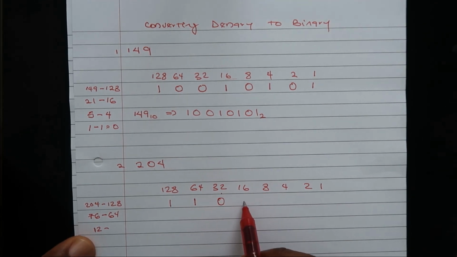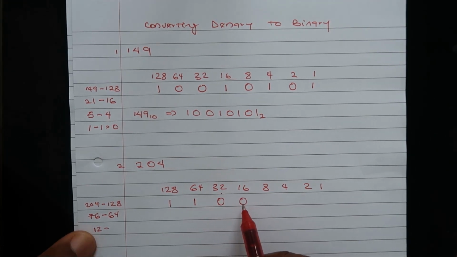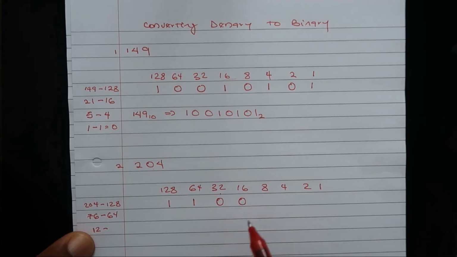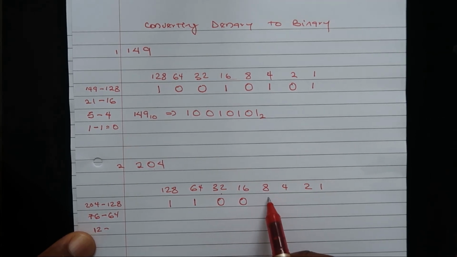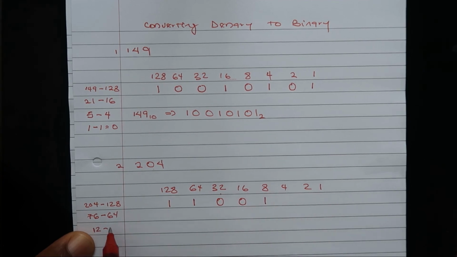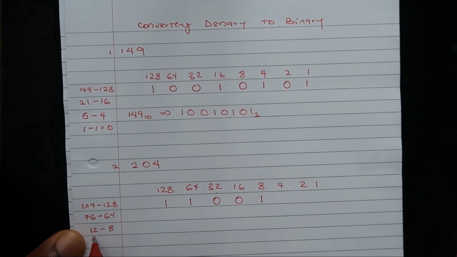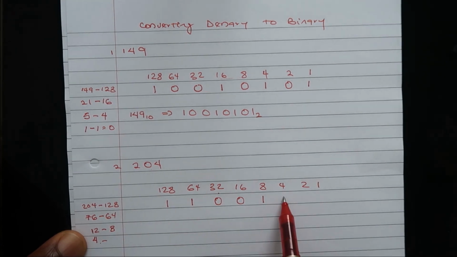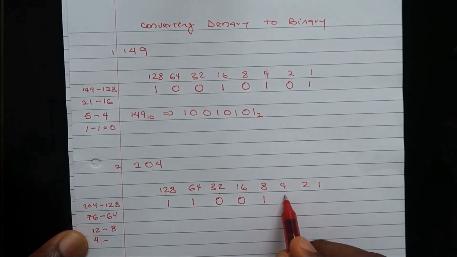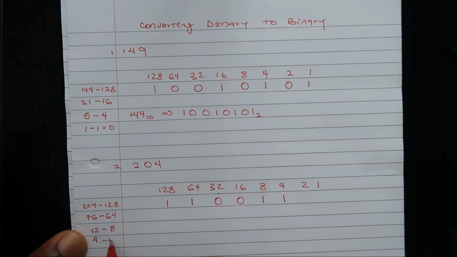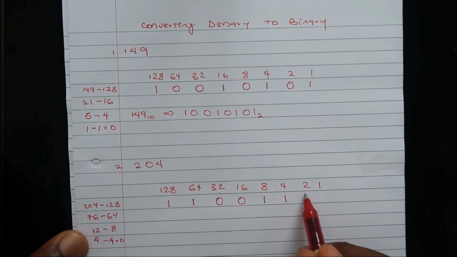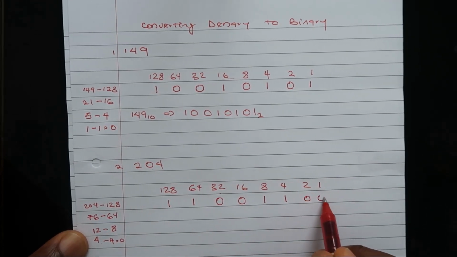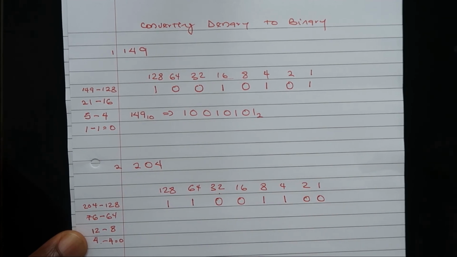It's not bigger than or equal to 16, so I'll put a 0 there. 12 is bigger than 8, so I'll put a 1 there. 12 minus 8 gives me 4. Is 4 bigger than or equal to 4? It is, so I'll put a 1 there. 4 minus 4 gives me 0, which means I'll have all zeros there.